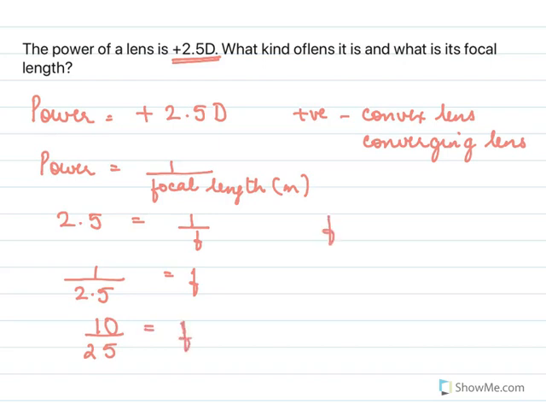If we cancel this, our f will become 2 over 5, but this is meters. If I want to make it in centimeters, 2 by 5 into 100. And the focal length here, this will cancel out, is 40 centimeter. So this is a converging convex lens with focal length 40 centimeter.